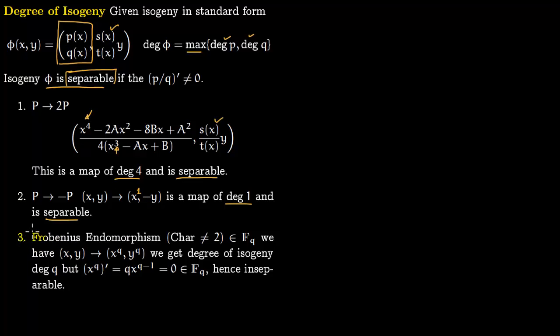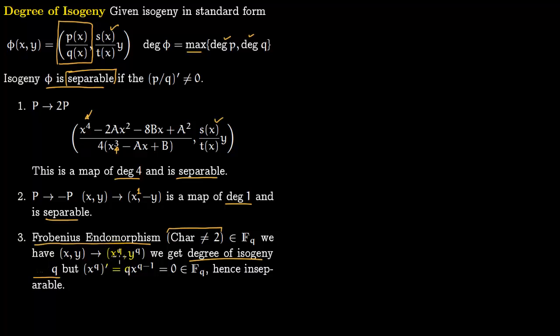Another example is the Frobenius endomorphism. We assume that the characteristic of the underlying field of our elliptic curve is not 2, and we are going to work in this finite field here. We have this map (x, y) goes to (x^q, y^q), and again you can see the degree of the isogeny here is q, which is the degree of x^q.